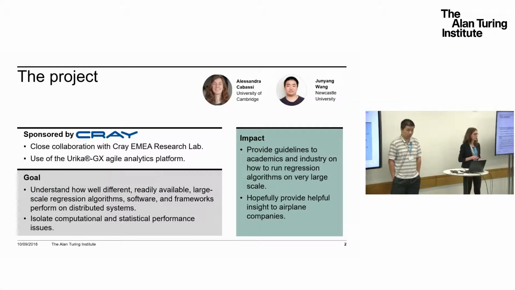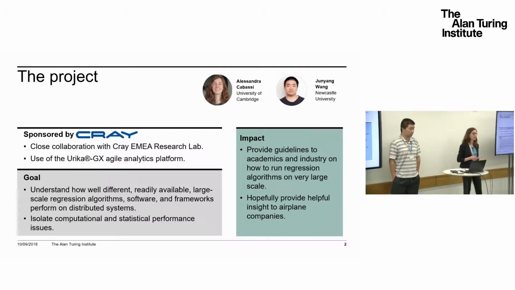The goal of the internship was to understand the current methods, algorithms, and libraries to do linear and logistic regression in distributed settings and how to use them on Eureka, and hopefully provide guidance to people in academia and industry on how to perform linear regression with very large datasets.